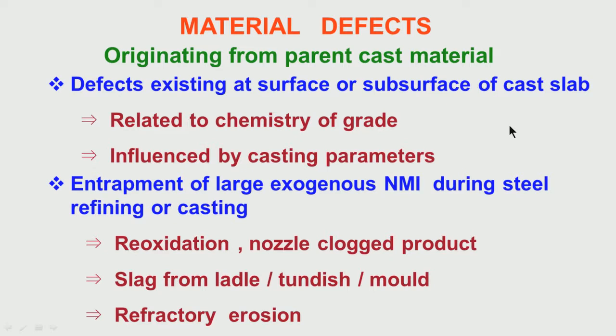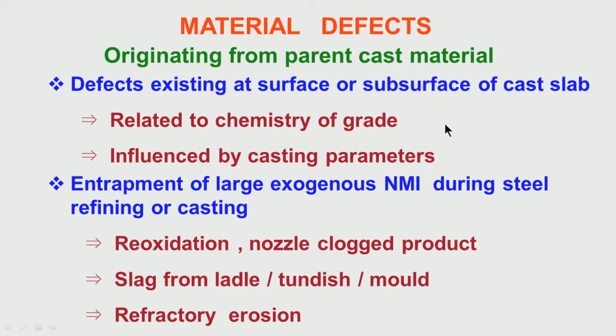So, the grade is playing a role because the delta to gamma transformation, which I have mentioned several times, is taking place at a crucial stage of solidification. So, by slight adjustment of chemistry you can take care of this problem. That is why the chemistry of the grade is important.